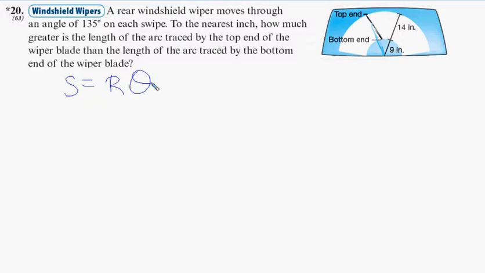And we know, let's find this one right here, okay? And the angle is 135 degrees, right? So we're gonna need to get this into radians, so 135 degrees times pi radians over 180 degrees.